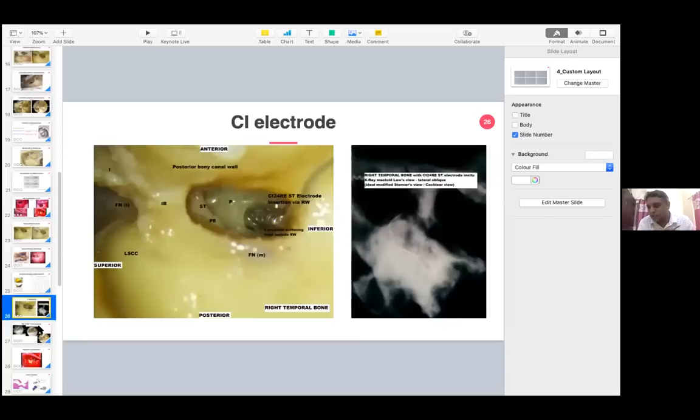If you keep it in the scala media, which is very, very small, you are going to disrupt everything, and there will be a communication of the perilymph and the endolymph, and there will be a mix-up of the cochlear fluids, which is not at all good. So the ideal situation is the scala tympani. You can go for a scala vestibuli in a situation where you can't go with a scala tympani insertion, like in a case of scala tympani ossification or labyrinthitis ossification or cochlear ossification.